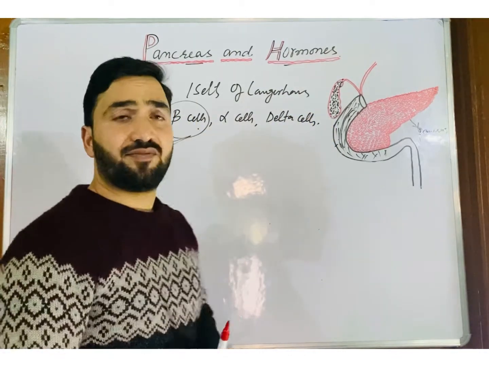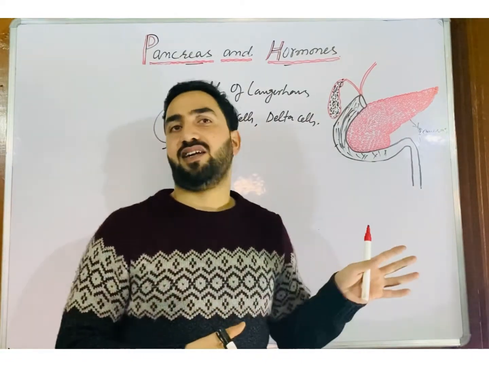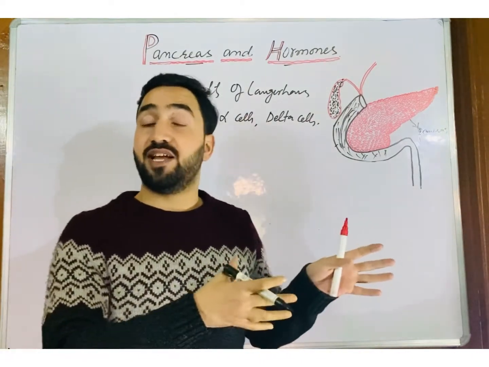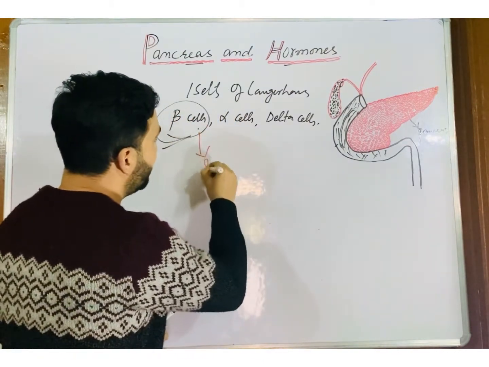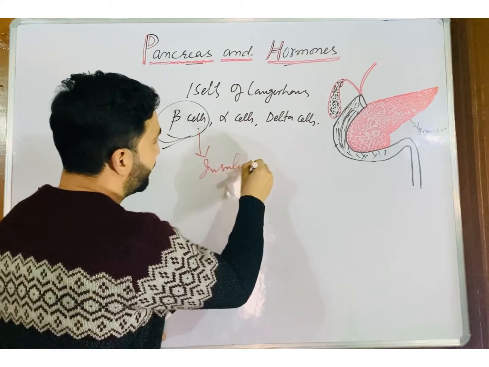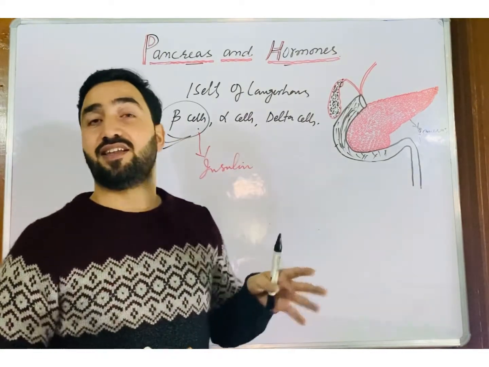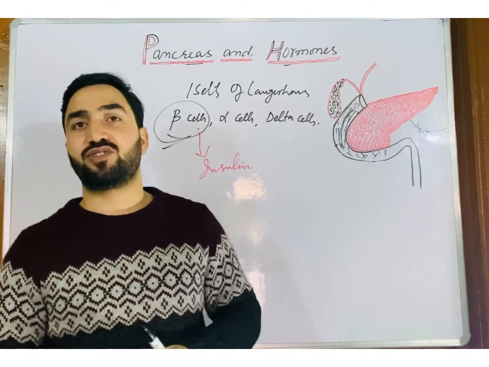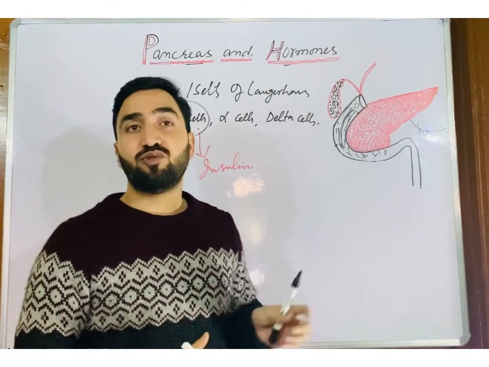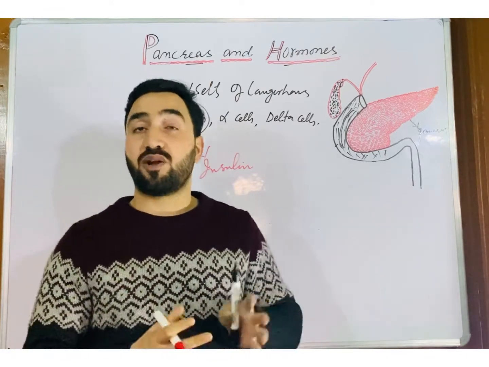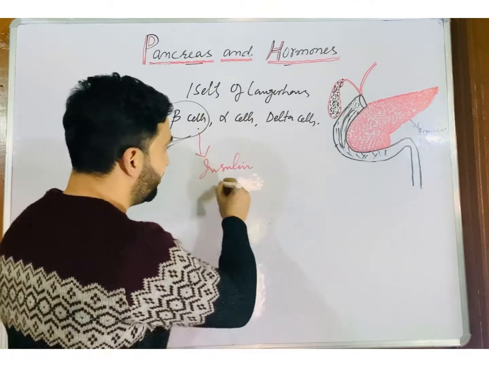First, we'll see the function of the beta cell. The beta cells are responsible for production of the important hormone known as insulin. As you might have heard, the major function of this hormone is in the regulation of carbohydrate, fat, and protein metabolism.